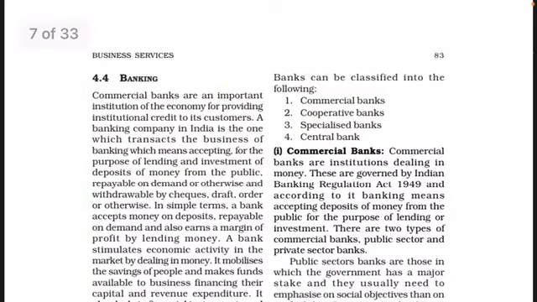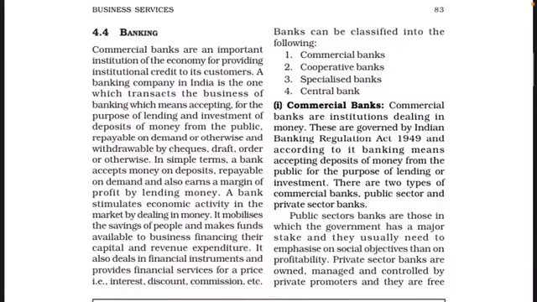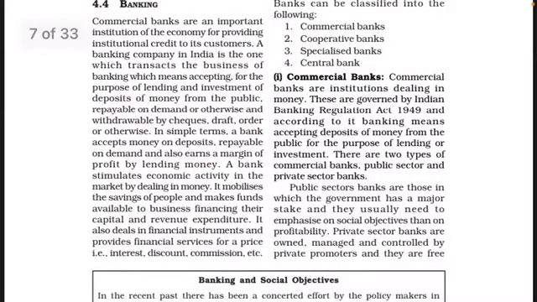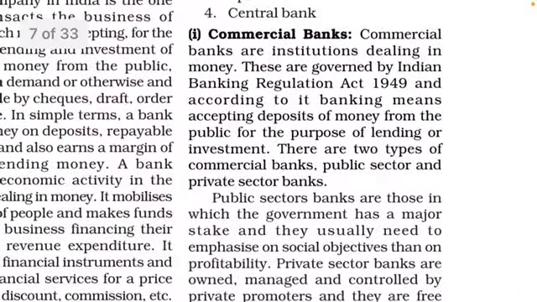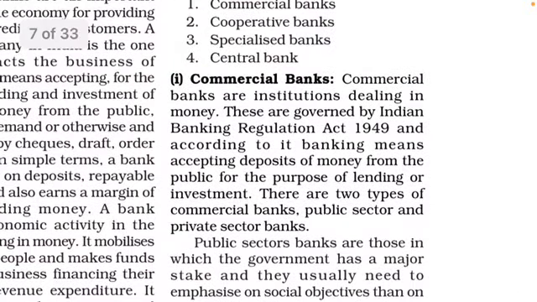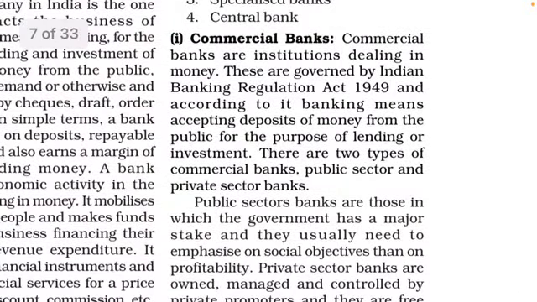Mainly, there are four types of banks we are going to study. One is commercial banks, next is cooperative banks, specialized banks, and the central bank. Commercial banks are the banks you can see around yourself. What are the main points to remember about commercial banks? These banks are governed by the Indian Banking Regulation Act of 1949. You can underline this, it is quite important.